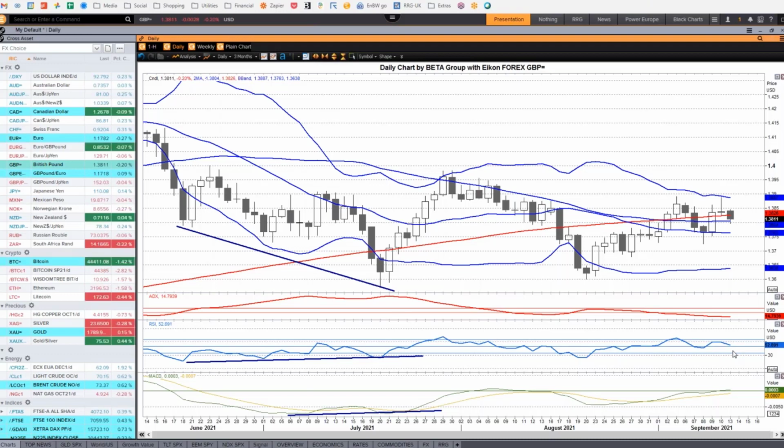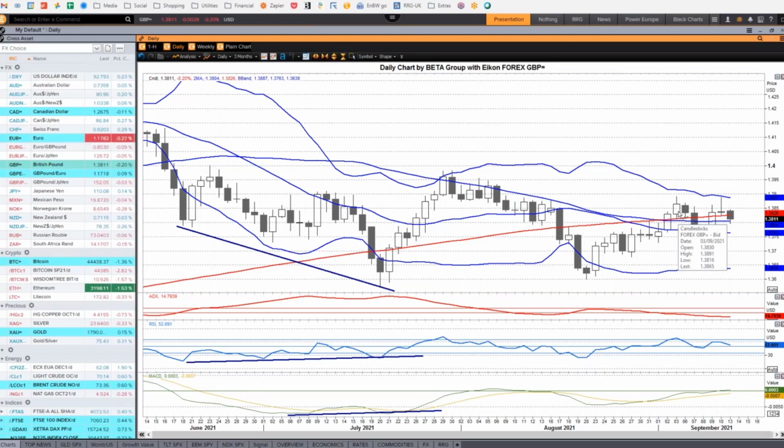The RSI is at 52, that's very neutral. The MACD is still slightly bullish, but that's a lagging picture. But watch out, we've got short-term resistance at 138.91, very important resistance at 139.81, and then two levels of support, 136 and 135.70 here that must hold.